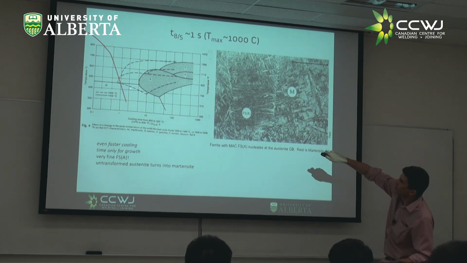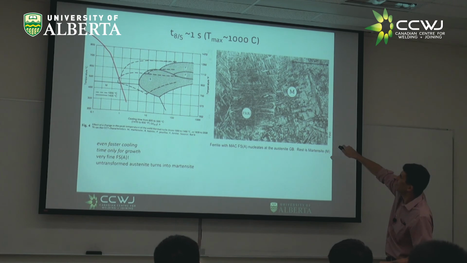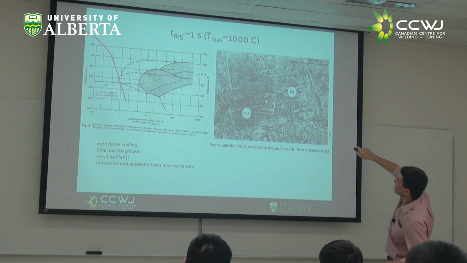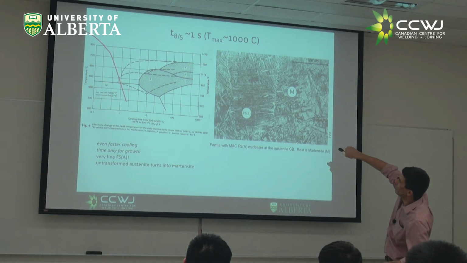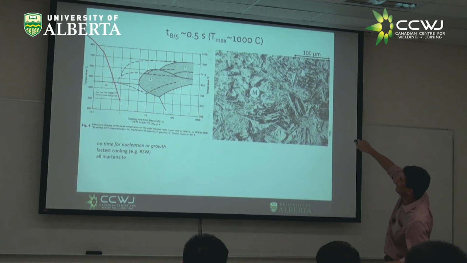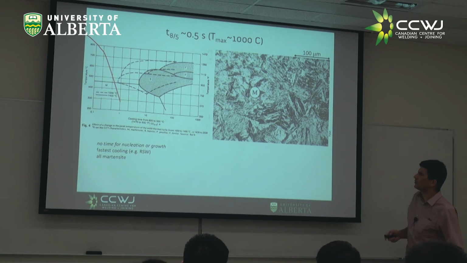And then at one point I'm clipping just a tiny bit of bainite and martensite. You see that the microstructure changed a lot, right? And we have a tiny bit of FSA, that is ferrite with second phase aligned. And if we cool way too fast, it's all martensite, right? Of course, this would be very brittle and would need to be tempered.